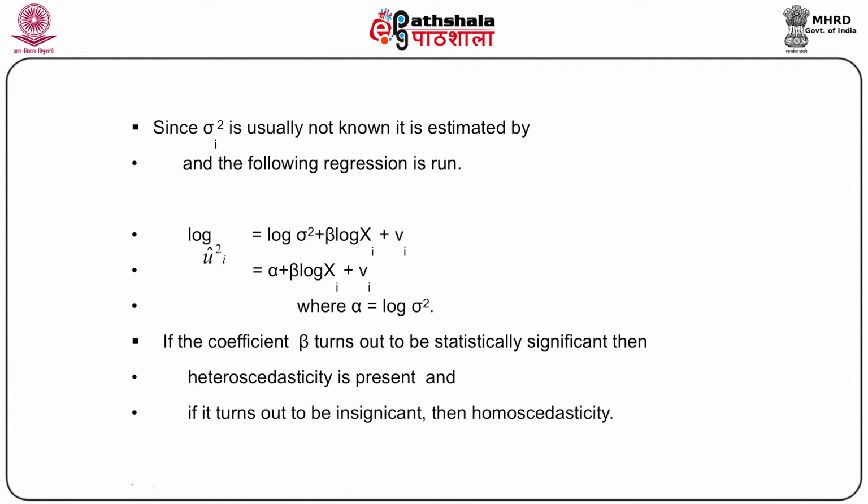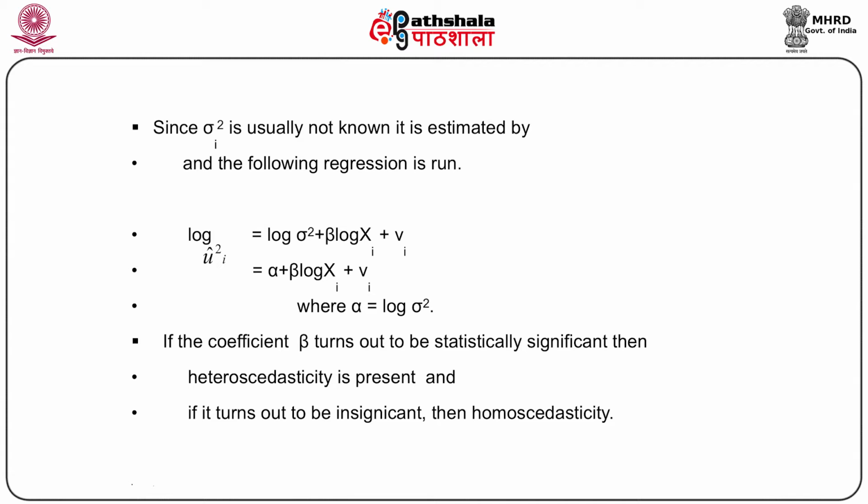In this model, we can write log sigma square denoted by alpha plus beta log xi plus vi, and this model is of the same form as a simple linear regression model, where alpha equals log sigma square, which is a constant term.